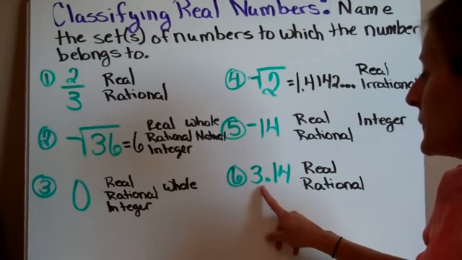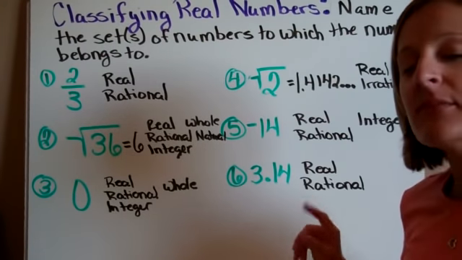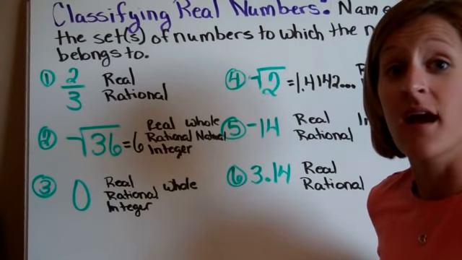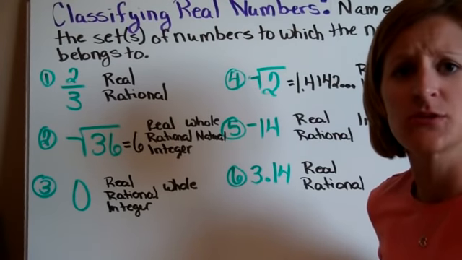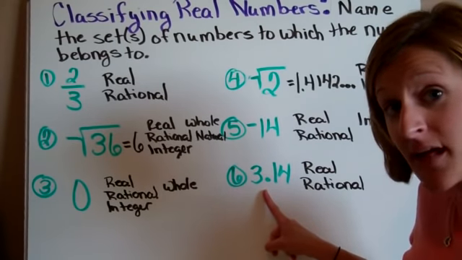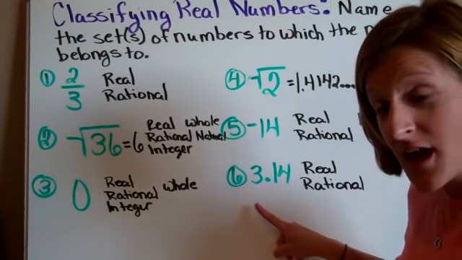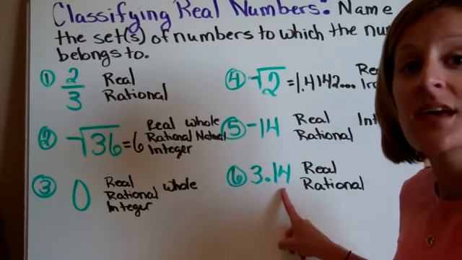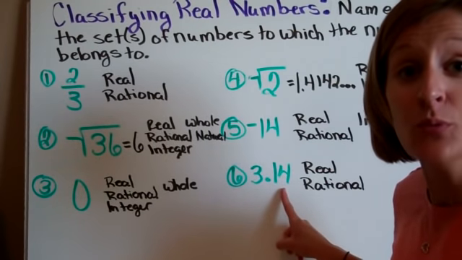Now this last one, 3.14. Now in everybody's head we're like, that's pi. I know that, that's what we normally use for pi. But this is not pi. This is pi rounded. But 3.14 is just a number. It is real.